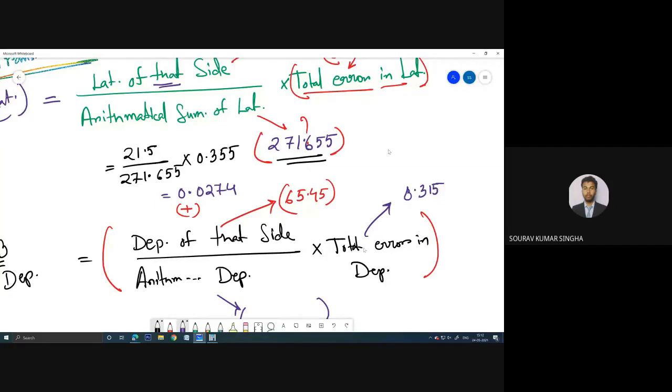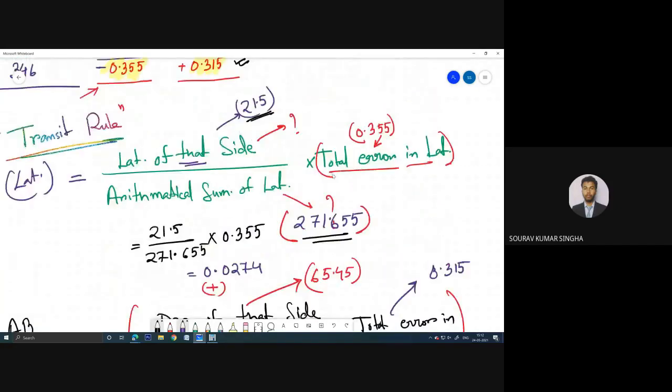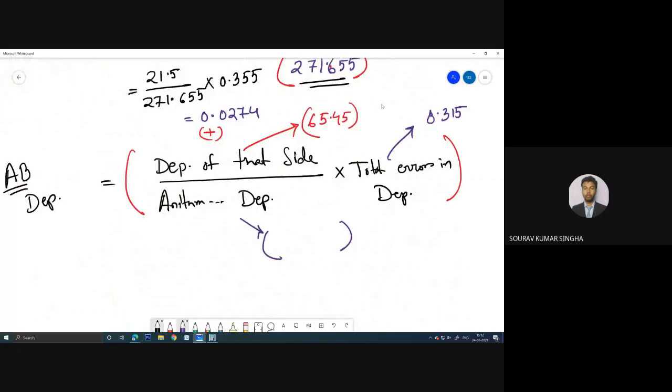And the error should be negative or positive? This is positive, so it will be negative. The correction will be negative. Whatever the value we have, that is in negative value. Clear to everyone? Both rules are clear to each and everyone. That means if any question comes from this part, I hope every one of you can attend it. Is that clear?